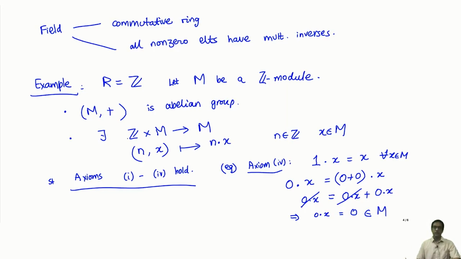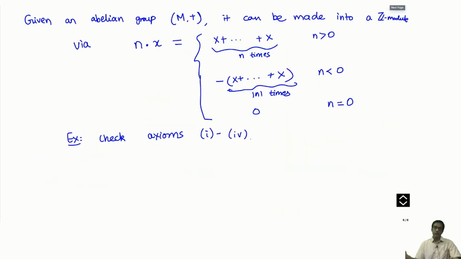There are many different ways of defining scalar multiplication by Z, right? But what we have just shown is that no, that's not possible. There is only one scalar multiplication map that you can define which satisfies all the axioms that you need to satisfy. So in a sense the data of a Z module is really the same as the data of an abelian group. There is no extra data there. These two notions are actually identical.